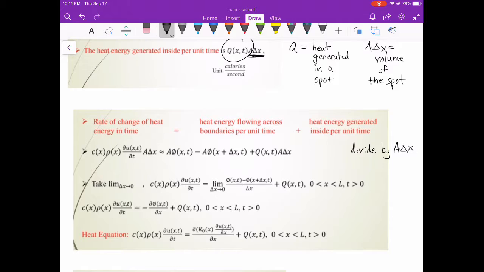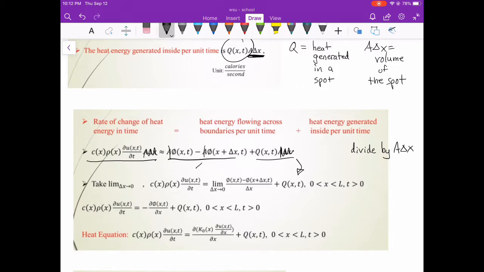So the actual math just requires you to put the equation on the left, the rate of change of heat in time, and then these other two quantities on the right. And then when you divide by the volume, that's how you're getting from this step to that one. That means the A and the delta x are disappearing from this. The A's disappear from that. A delta x disappears from that.